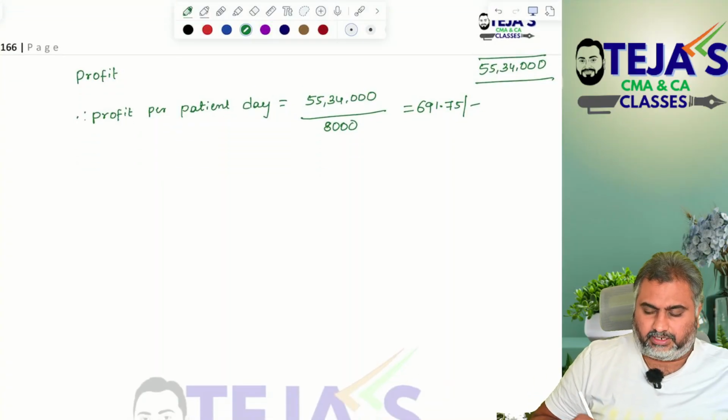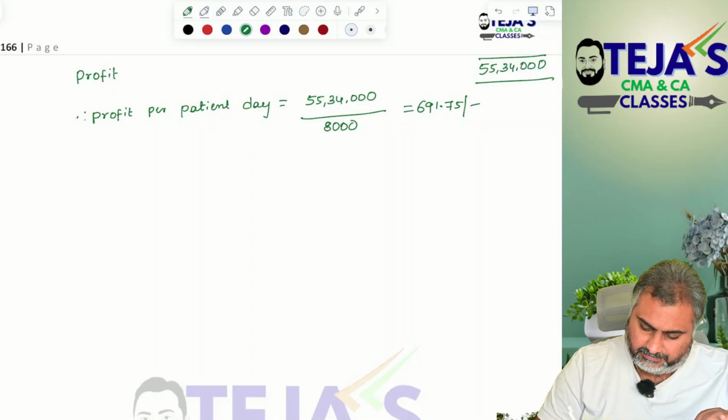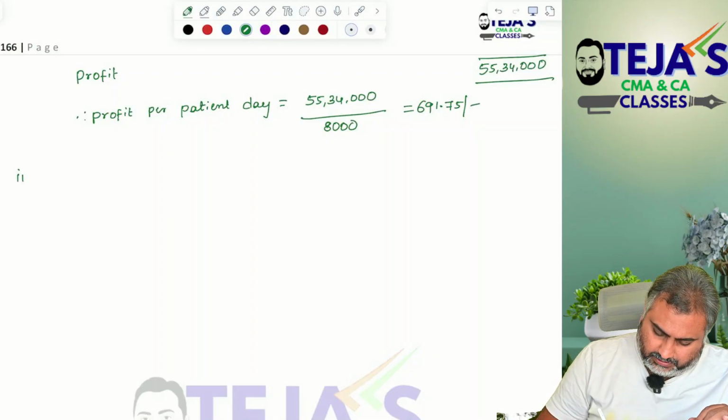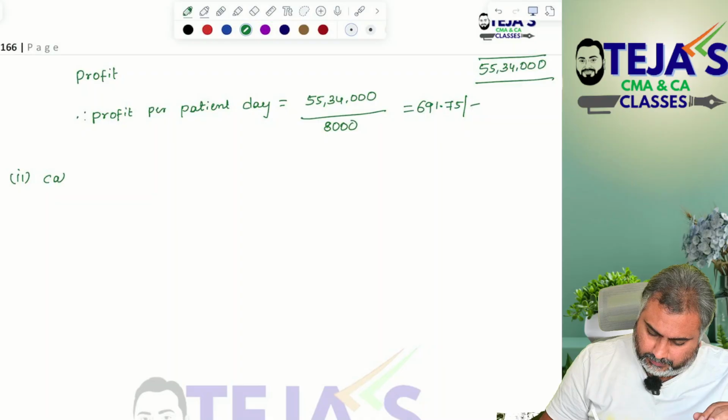That is 691.75 rupees per day that we are getting as profit out of the 2,000 per day that we are collecting. In the second part, break even point. So, calculation of break even point.